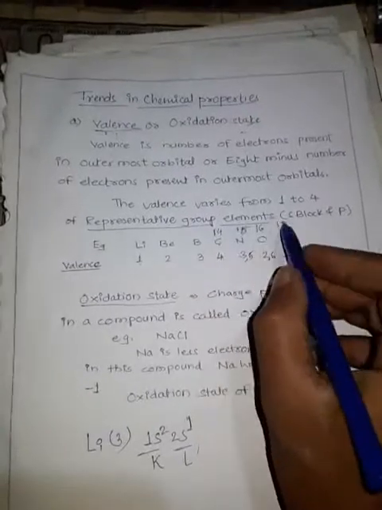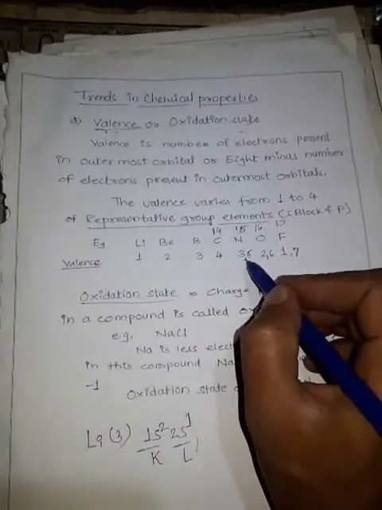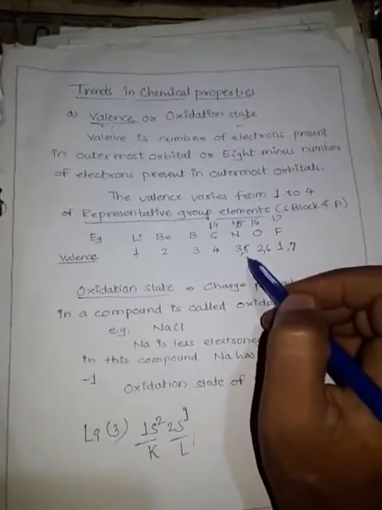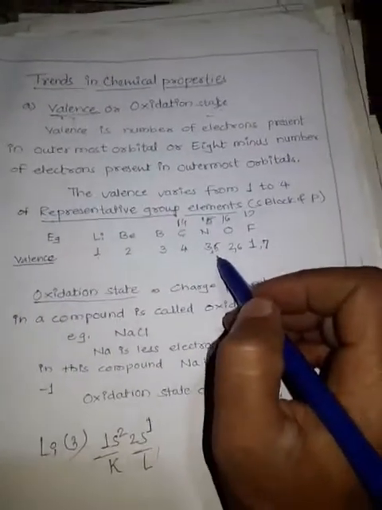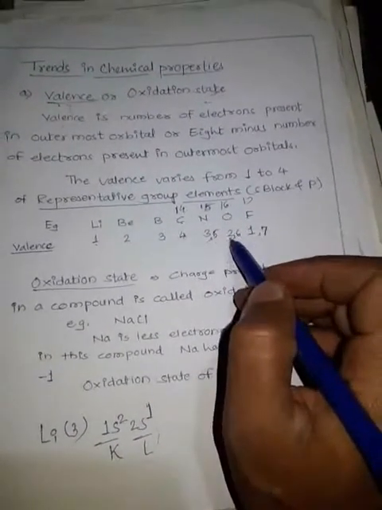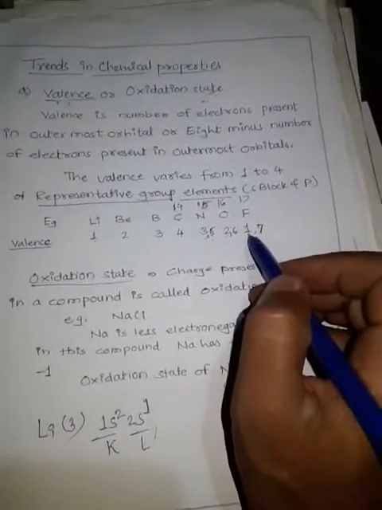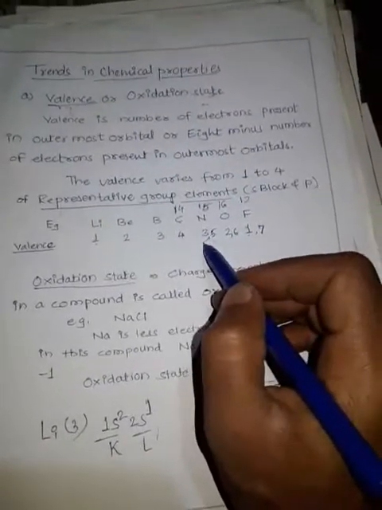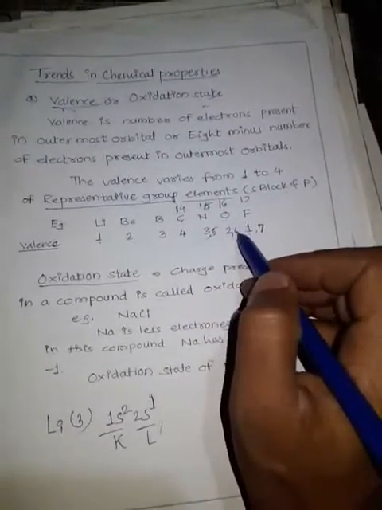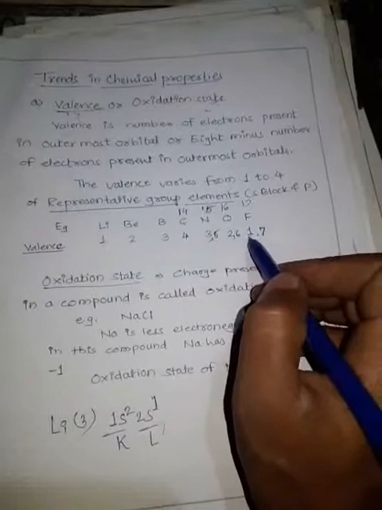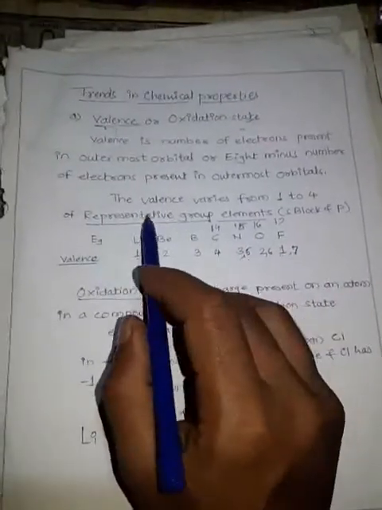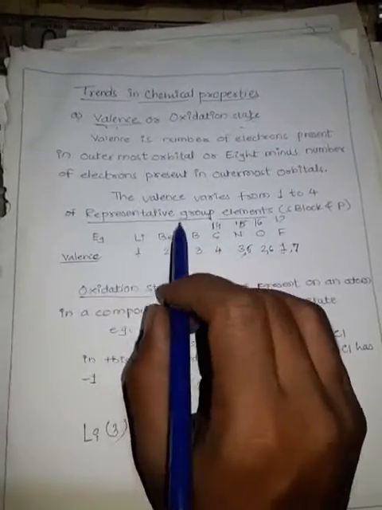From 15 onwards, it is 8 minus the number of electrons present in the outermost shell. 8 minus 5 is 3, 8 minus 6 is 2, and 8 minus 7 is 1. So for nitrogen the valency is 3 or 5, for oxygen it is 2 or 6, for fluorine it is 1 or 7. So this is regarding the valency of an element.